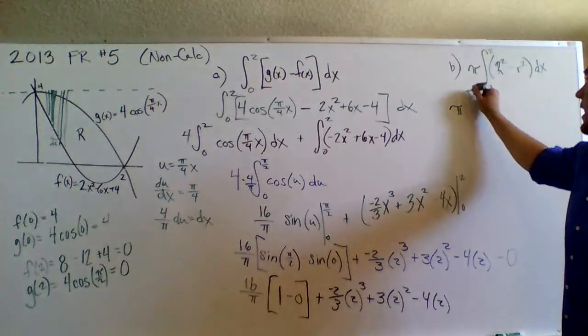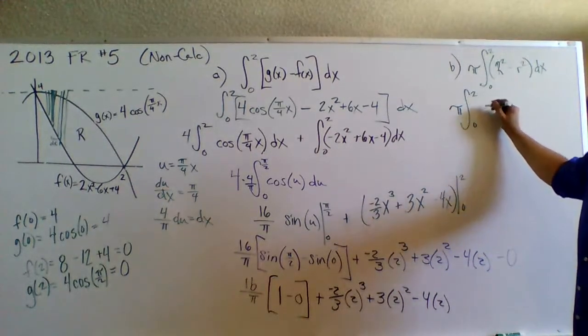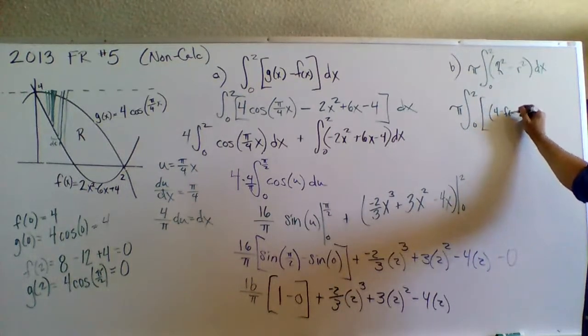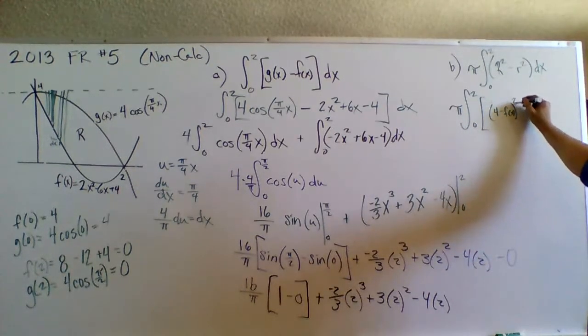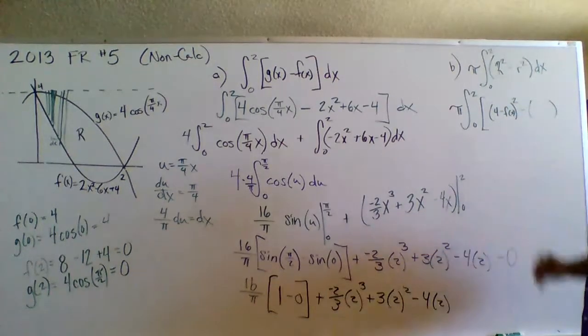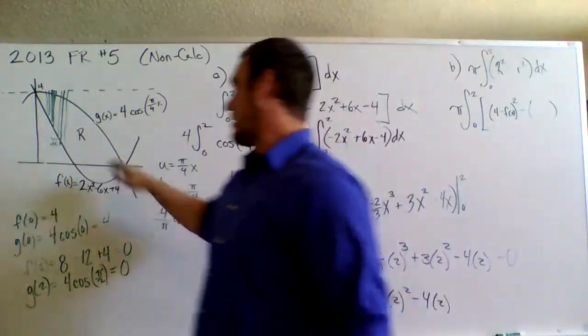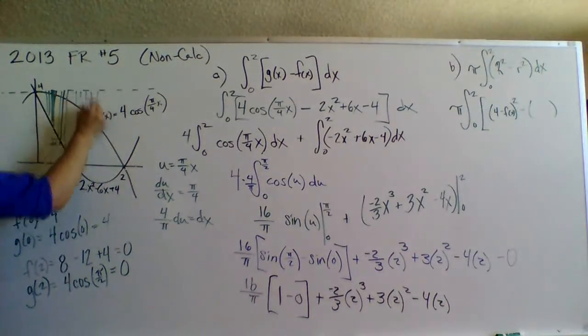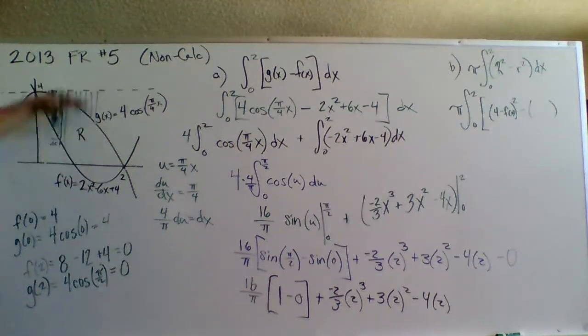So here we've got pi. We're integrating from 0 to 2. I've got 4 minus f of x, and I'm going to square that, minus my little r. Little r is going to be this other one. Like I said, it's really going to be top minus bottom.